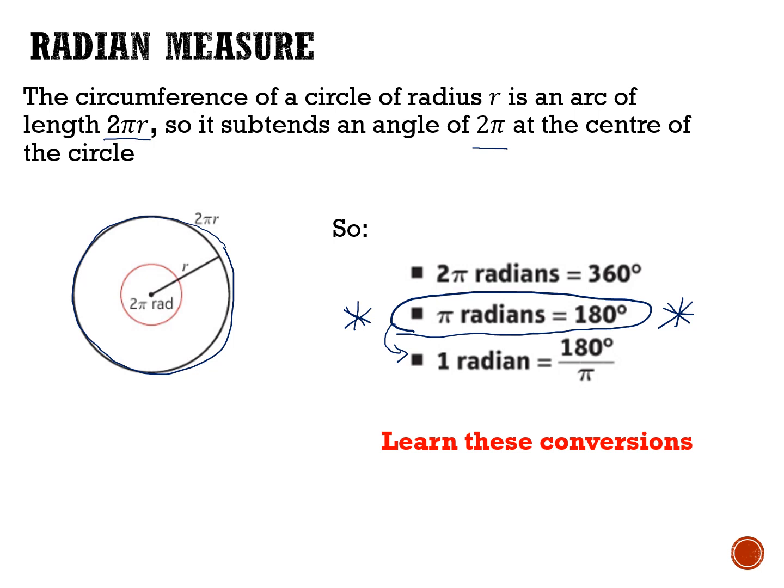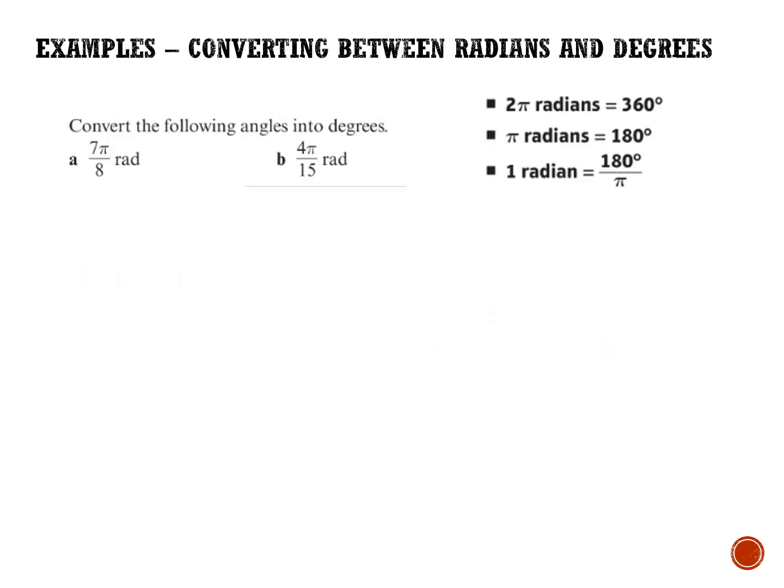Okay, right, so next we're going to do a little bit of converting between degrees and radians. In a moment, I will show you how you can work your calculator in radians, but we're going to do these manually. Let's have a look at a few examples. For part A, this angle, let's call it theta, is 7 pi over 8.